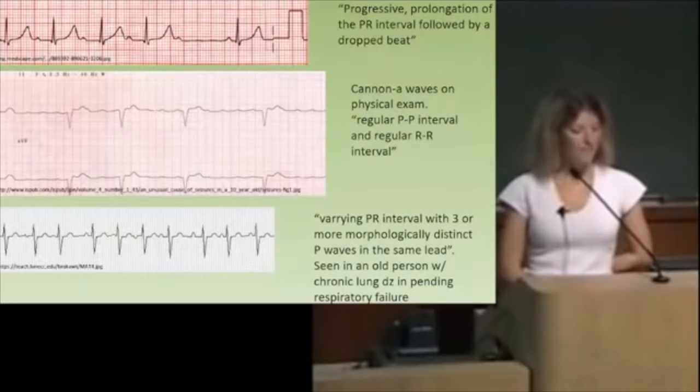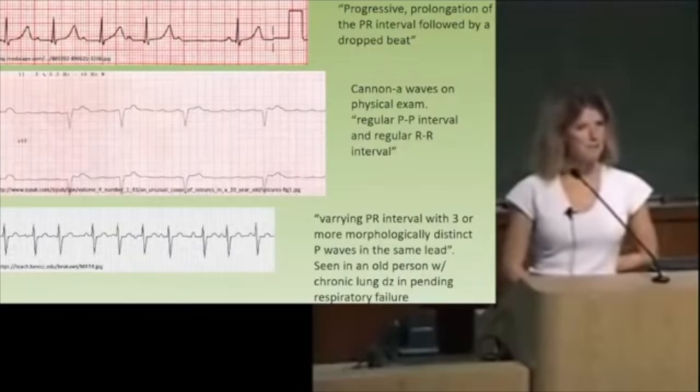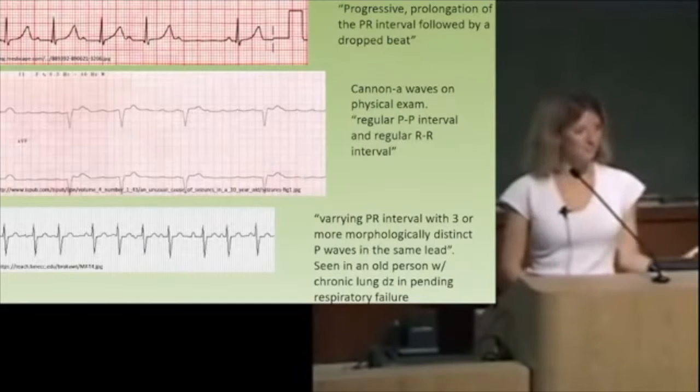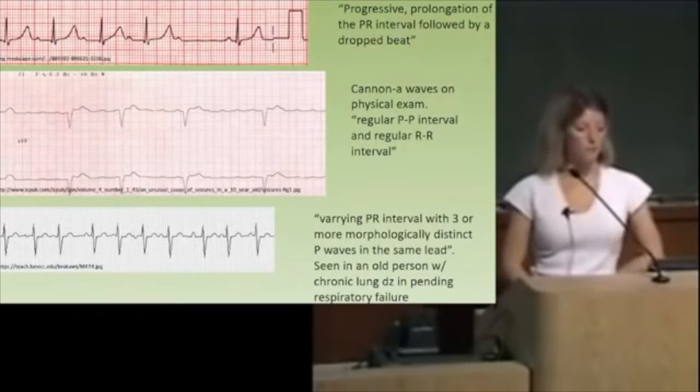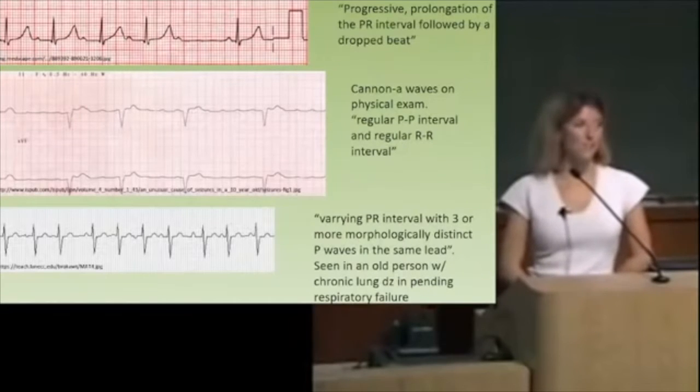Not AFib. With AFib, you typically can't see P waves. Good. This is MAT. So what they might tell you in the clinical vignette, if they don't give you this picture, they might describe it as varying PR intervals with 3 or more morphologically distinct P waves in the same lead. And this is good to know because it's bad news in terms of prognosis.